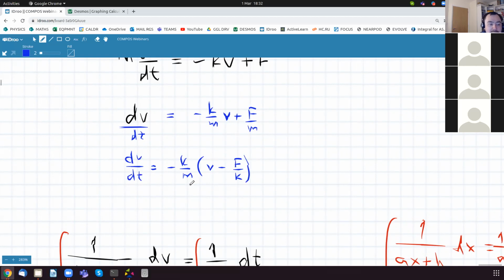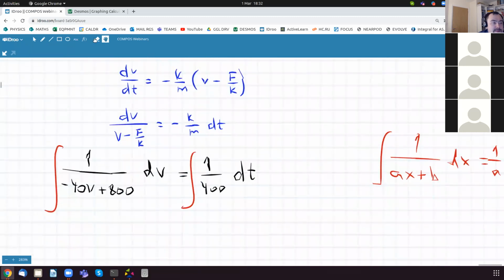And now we multiply by dt and divide by the bracket. So we get dv over v minus f over k equals minus k over m dt. Right, so this is way easier.